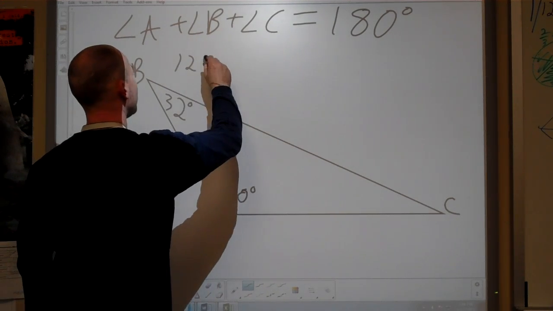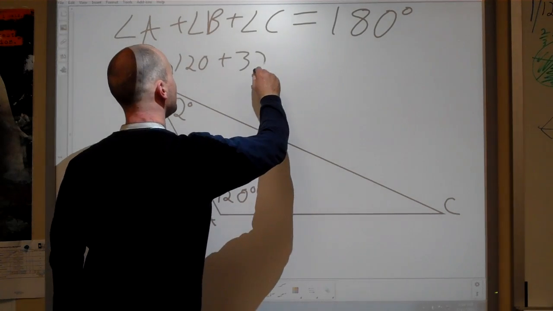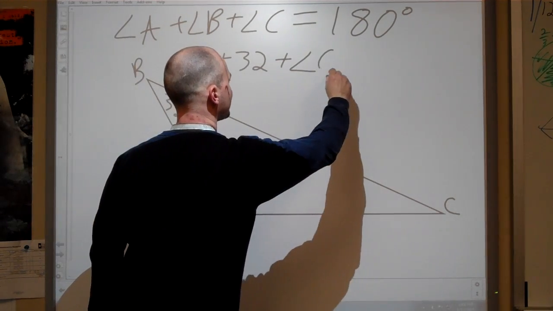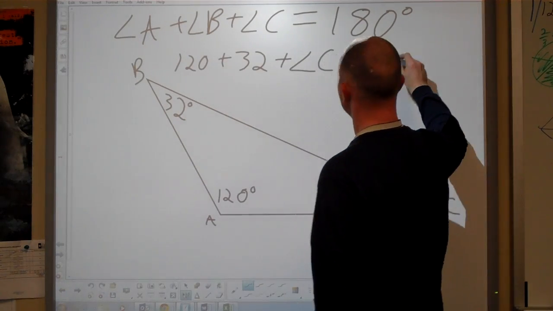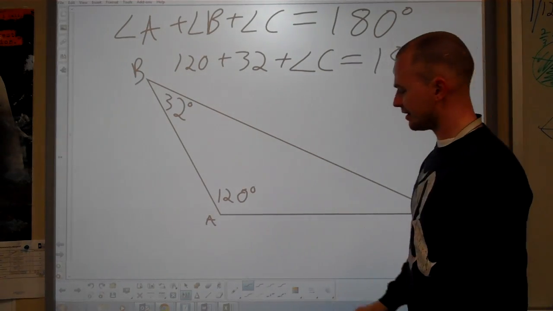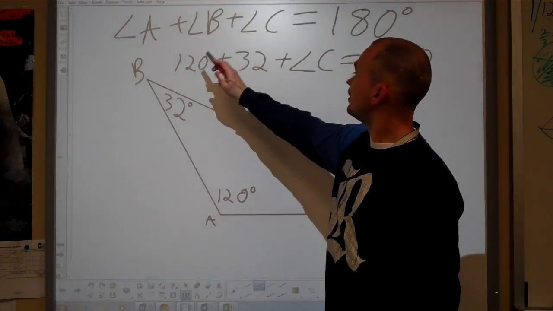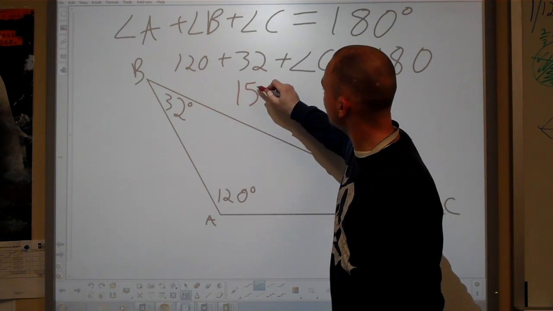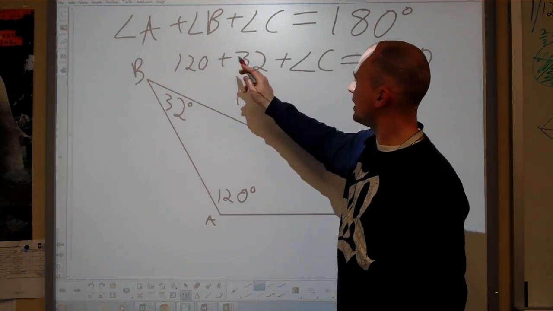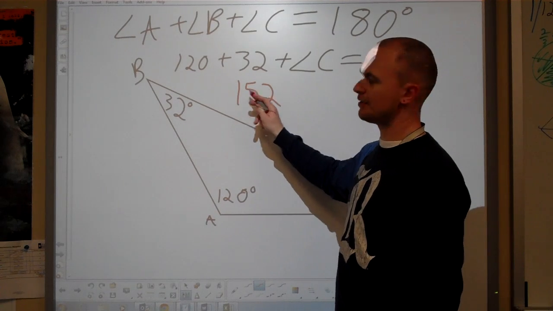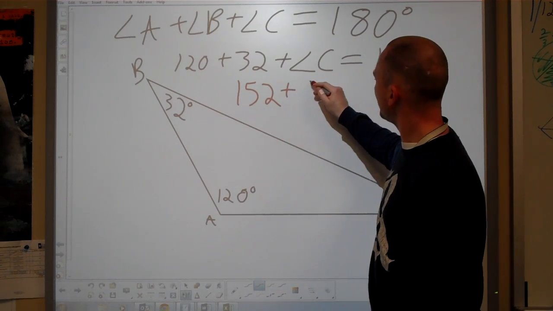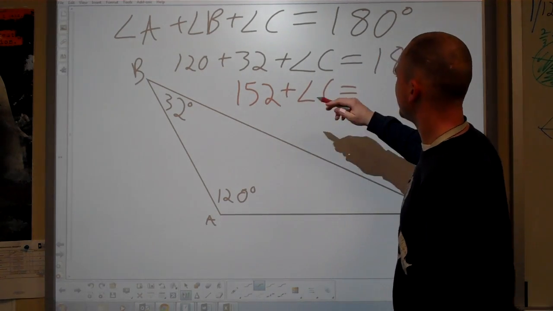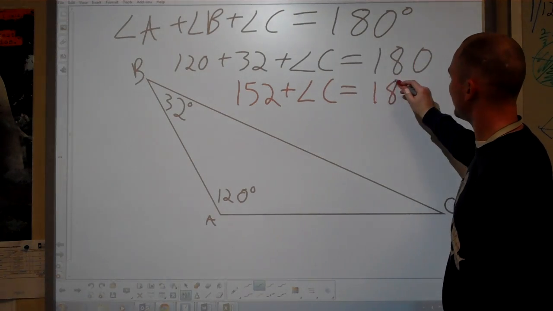So 120 plus 32 plus whatever angle C is going to give us 180 degrees. Now, 120 plus 32, that equals 152. Angle A plus angle B, the sum of those angles is 152.